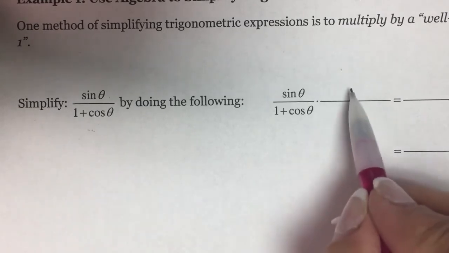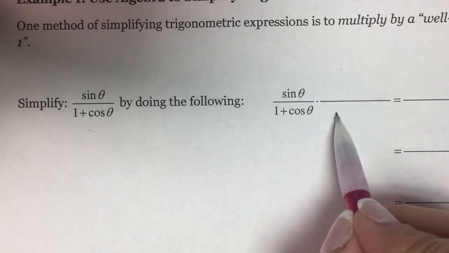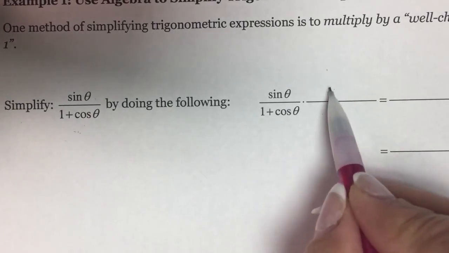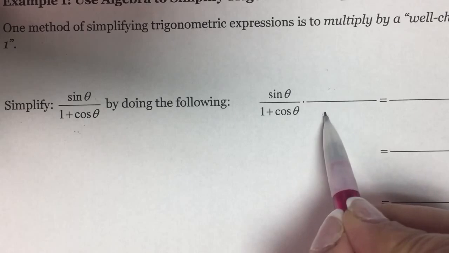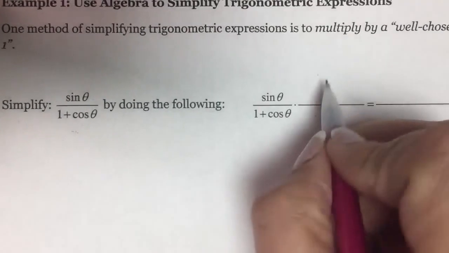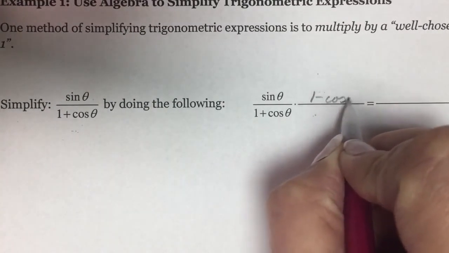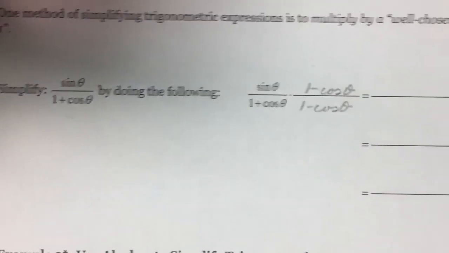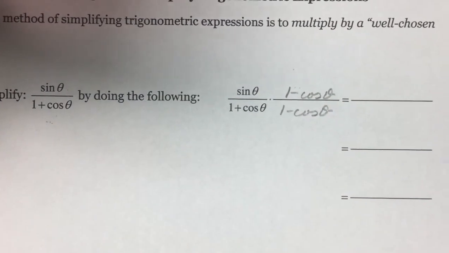I'm going to multiply top and bottom of the fraction by the same trig expression, which is totally legal as long as you multiply top and bottom by that same expression. And the expression that I am going to choose is 1 minus cosine theta. Now, let's see why I chose that one. Remember, it has to be well-chosen.